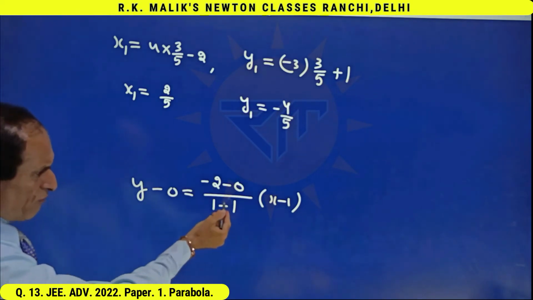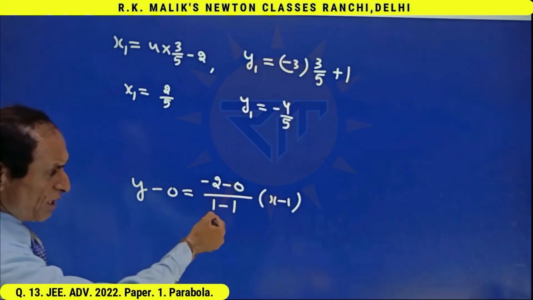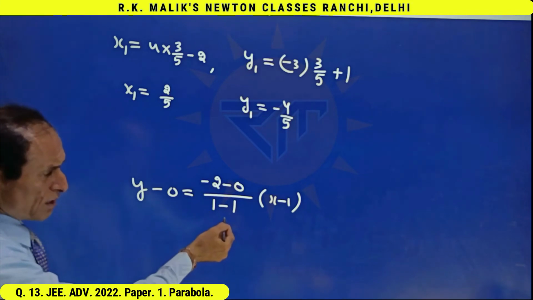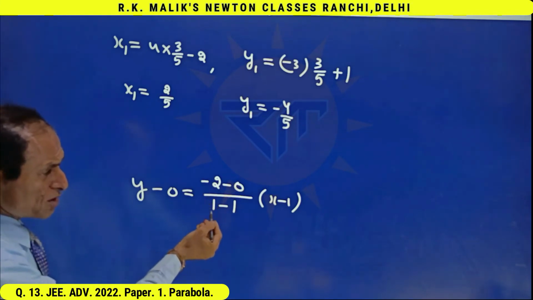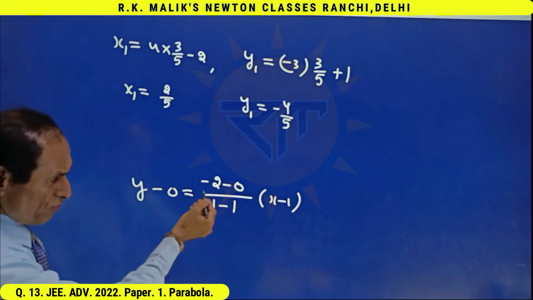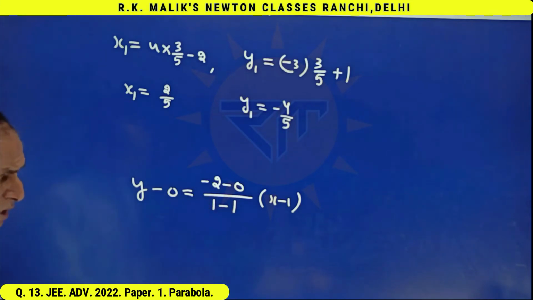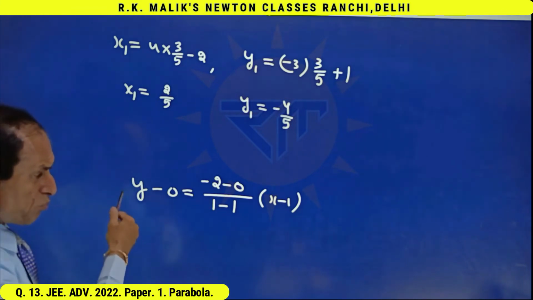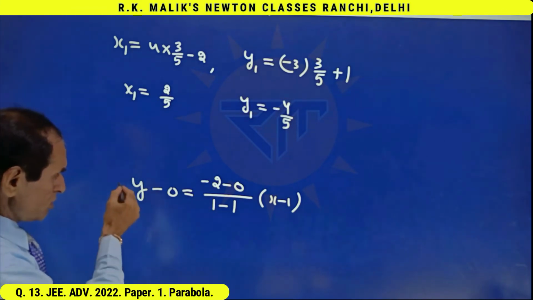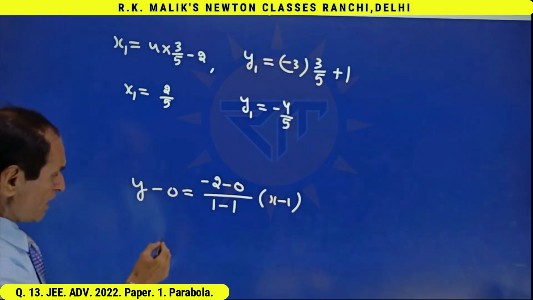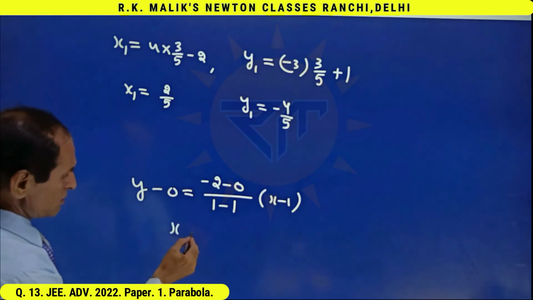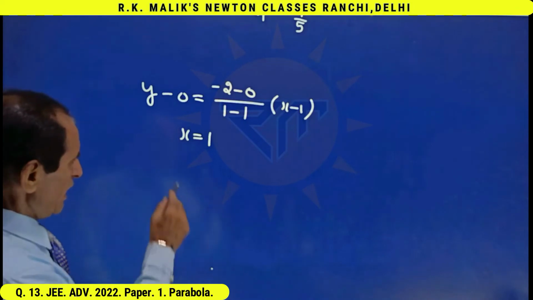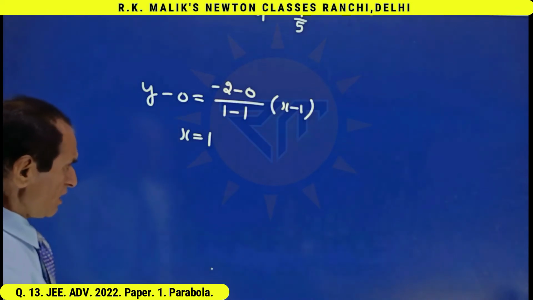Note that in coordinate geometry, while using the slope of a line, if 0 is coming in the denominator, we don't take it as undefined. We just take 0 on this side and proceed further. That is, 0 on this side will make the left hand side 0 and I will get the answer x equal to 1. X equal to 1 means a vertical line.